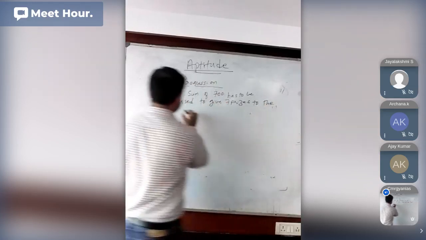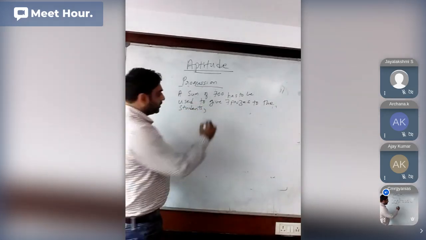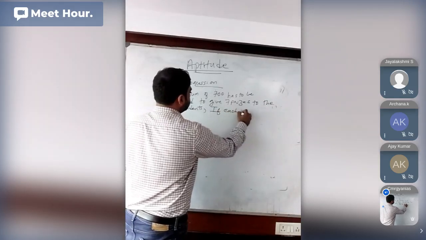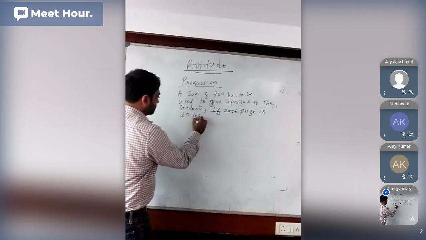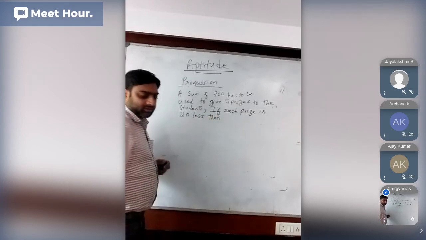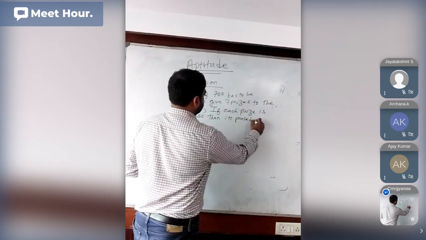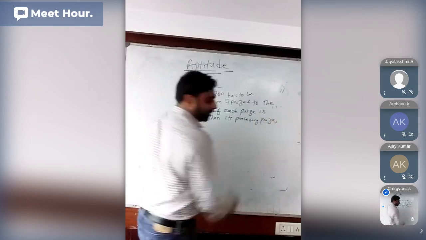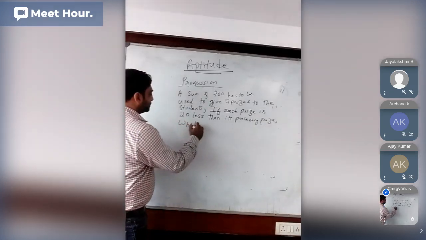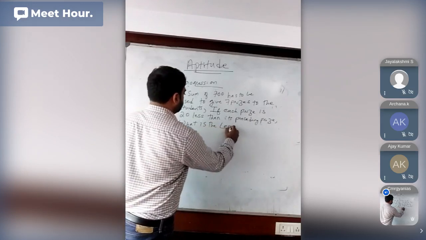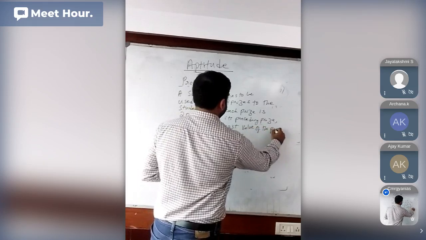To the students, if each prize is 20 less than its preceding prize, what is the least value of the prize?